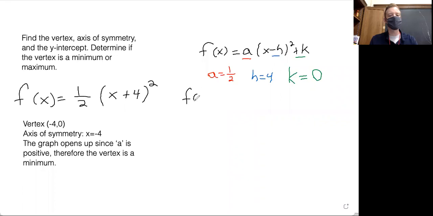Once again, we're going to plug 0 in for our function. Zero plus 4 is going to give us 4 inside of our parentheses. Four squared, 4 times 4 should give us 16.